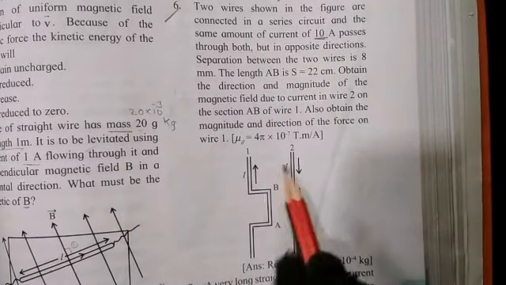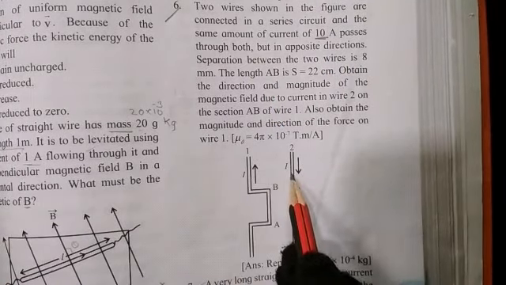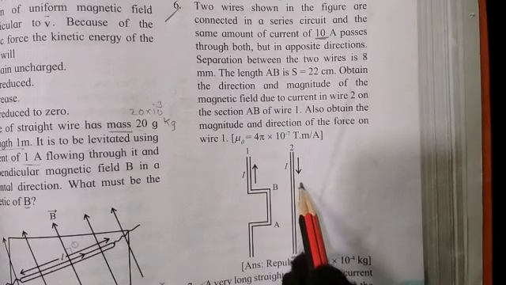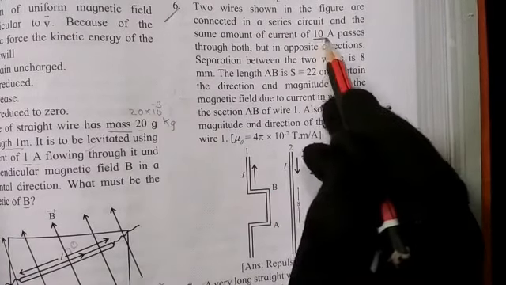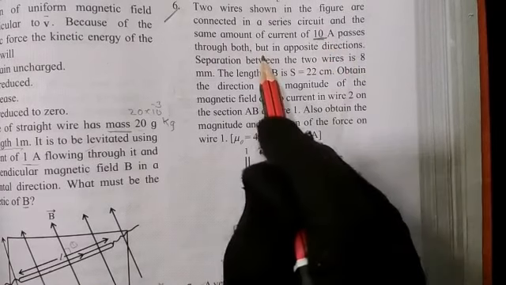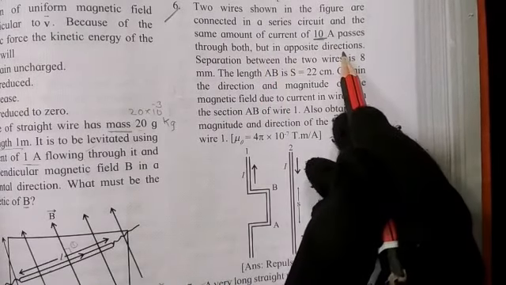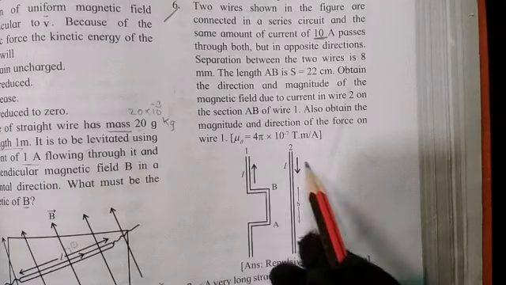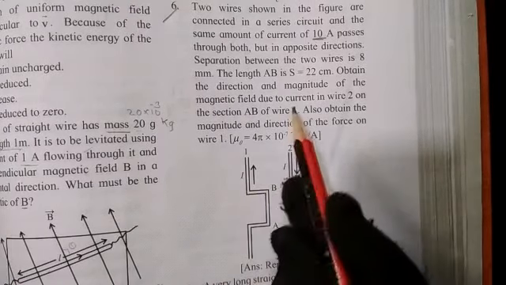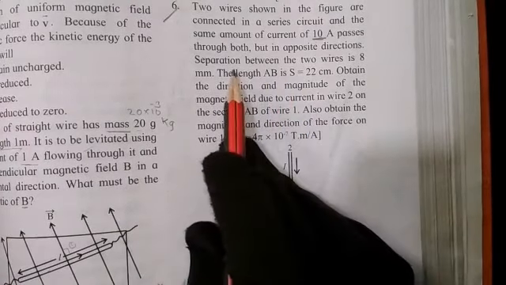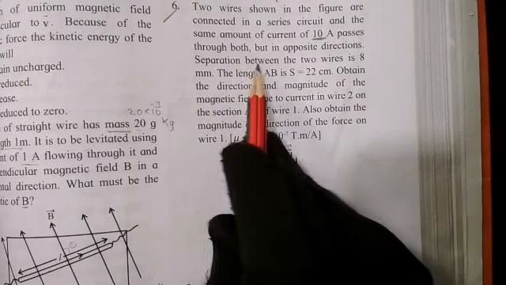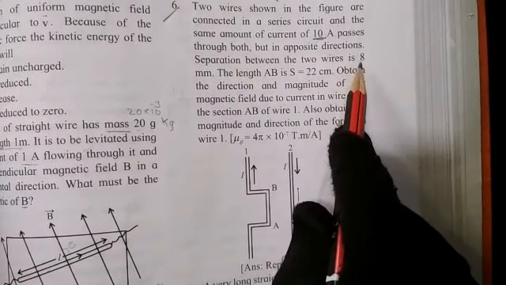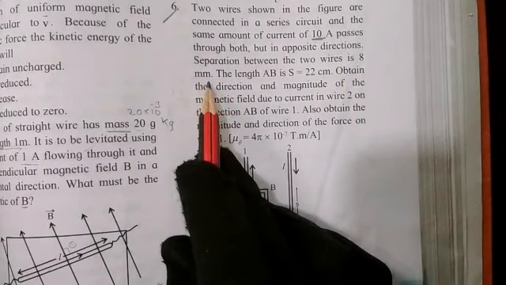Both wire 1 and wire 2 carry 10 ampere, but in opposite directions, as the arrows show. The separation between the two wires is 8 millimeter.